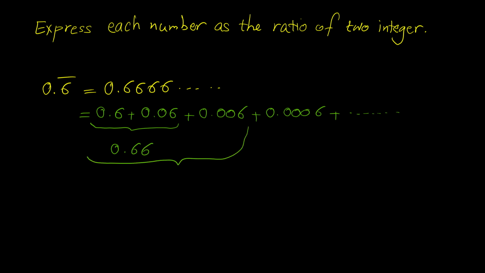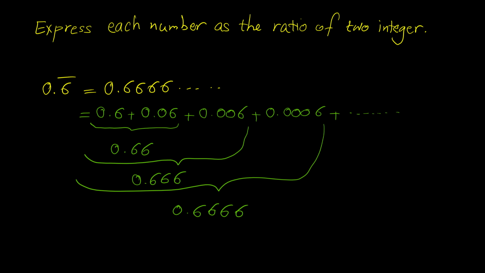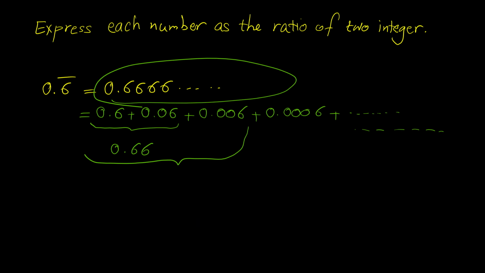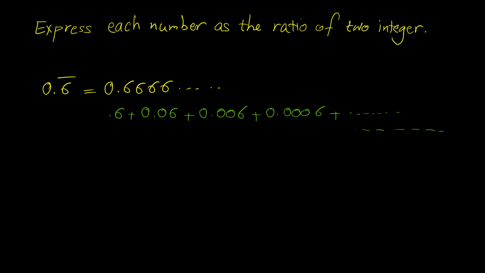The sum of all of these three is 0.666. The sum of these 4 terms is 0.6666. And if we continue this forever, then exactly we have this. So now it should be clear for you that this decimal number is basically 0.6 plus 0.06 and so on.